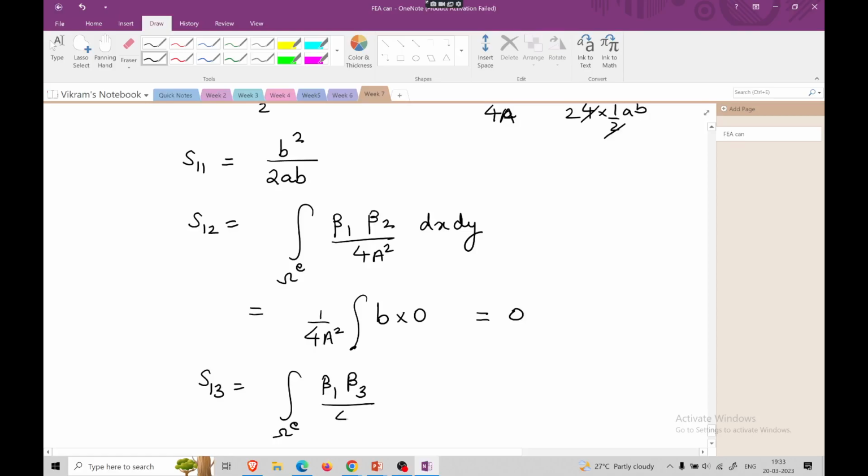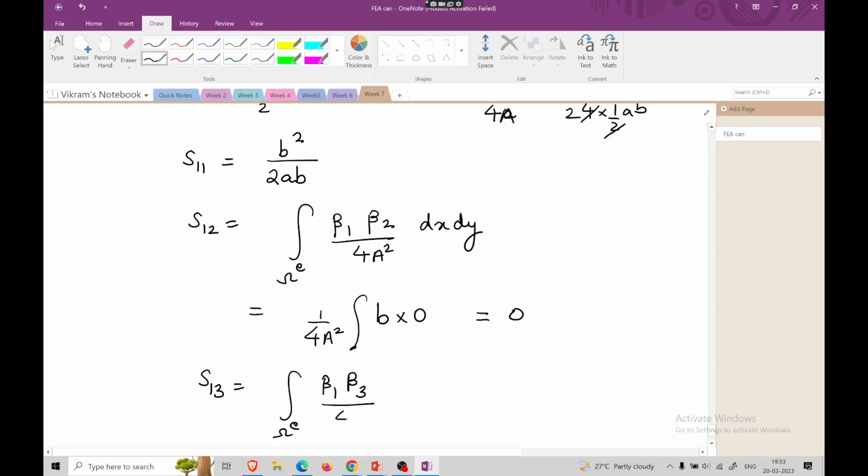S21 will be same as S12 because it is symmetric. Since beta 1 and beta 2, you are just going to replace it by beta 2 into beta 1, which is nothing but the same. So it is going to be 0, correct? So what is S22?